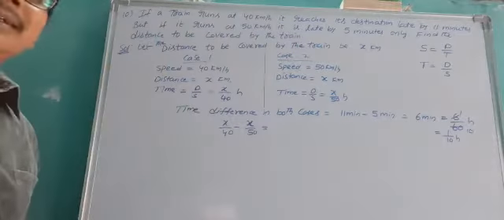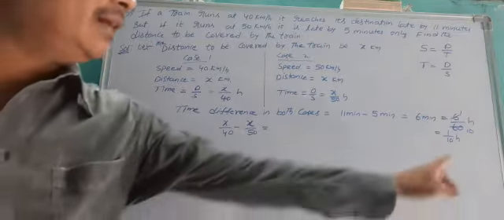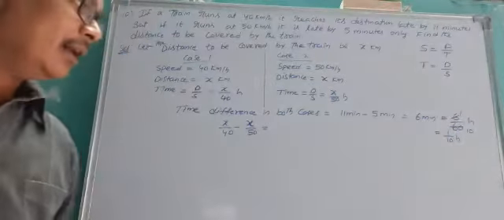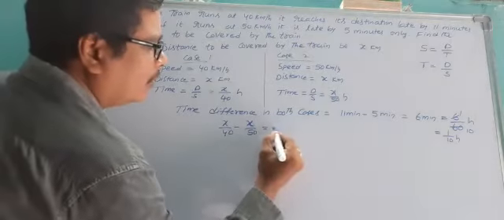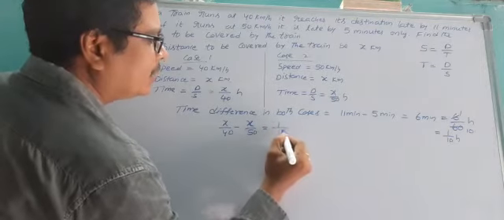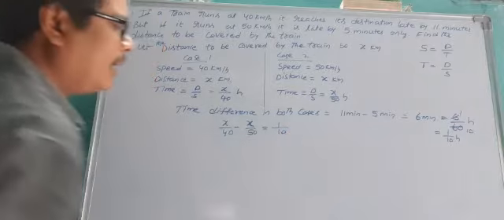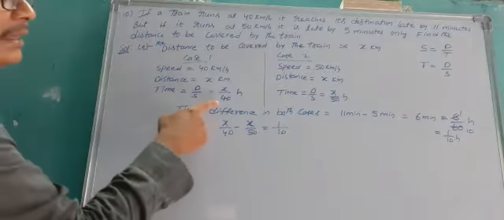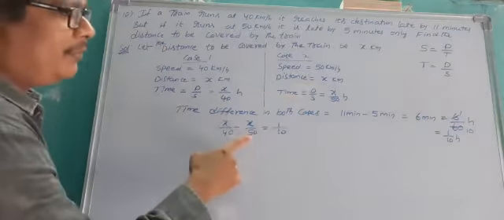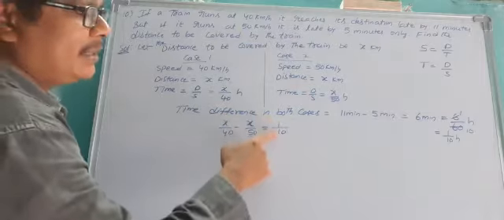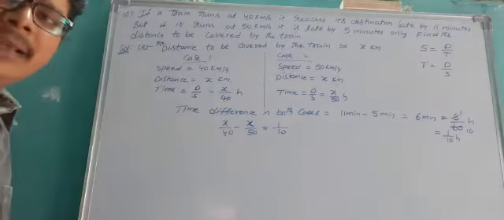So you convert the time difference of 6 minutes into hours, that is 1 by 10 hours. Because x by 40 is in hours and x by 50 is in hours, 1 by 10 is also in hours. All are in the same units.